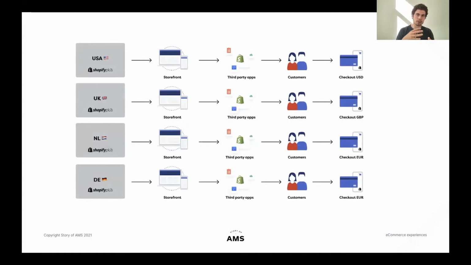So today, in order to sell abroad with Shopify Plus, you will require a Liquid Shopify Plus storefront for each country that you're selling in. Meaning each website has its own code base that needs to be managed separately, which first of all leaves a lot of room for human error.